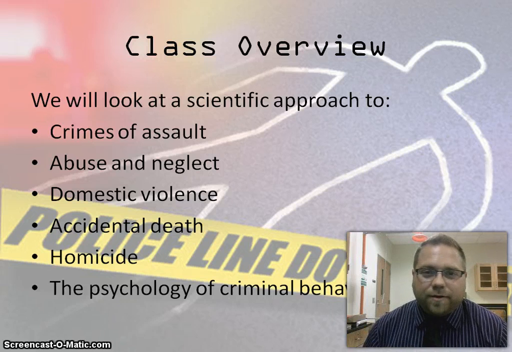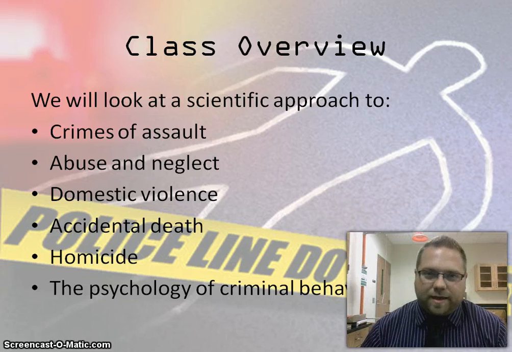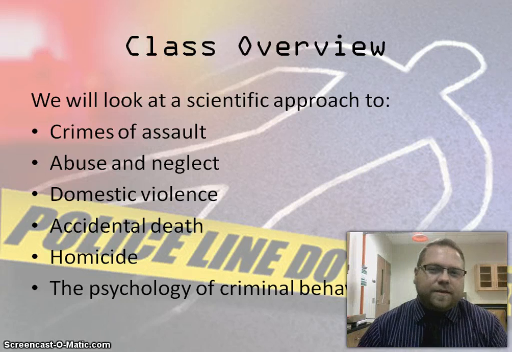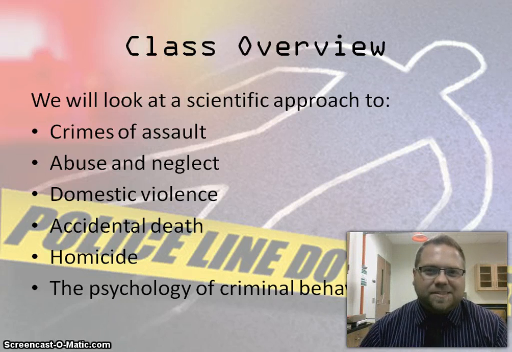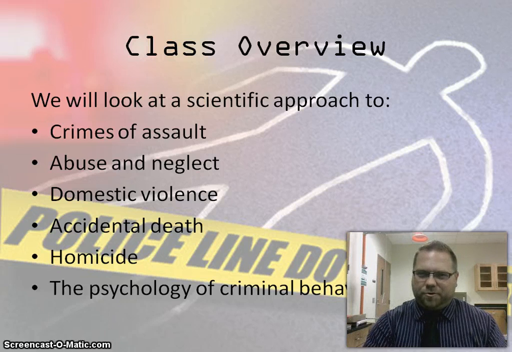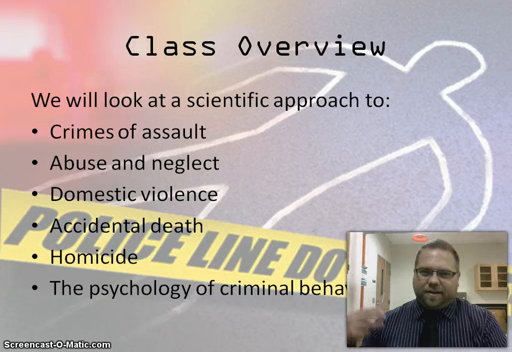Forensic science, we're going to be covering everything from crimes of assault to homicide to the psychology of criminal behavior, and trying to take a scientific approach to that and get kids to understand that crime scene investigation isn't exactly like the television show CSI, where one person goes to the crime scene, collects the evidence, takes it back to their lab.